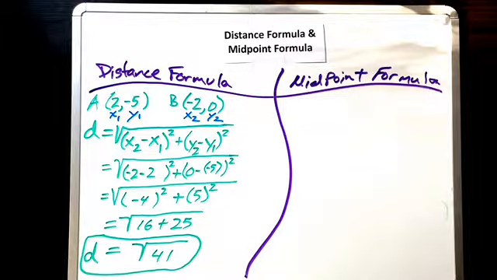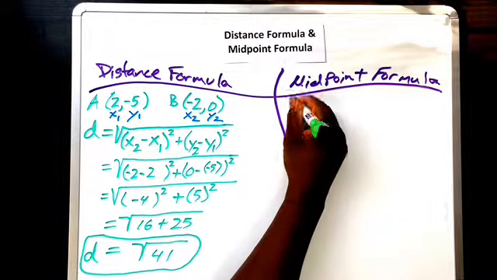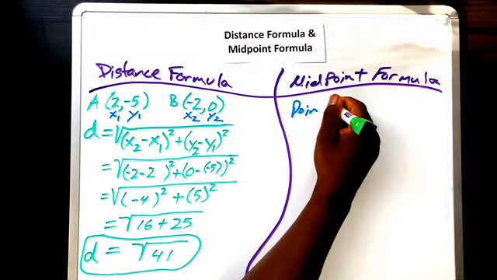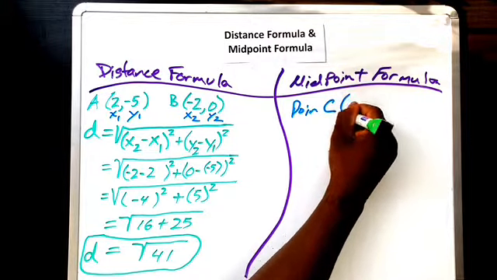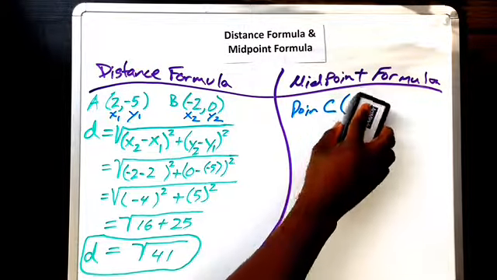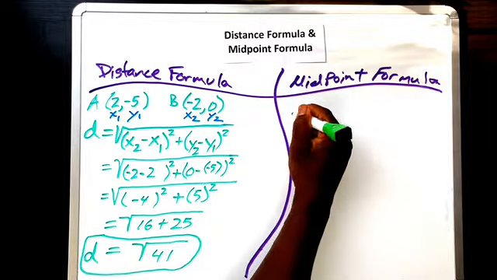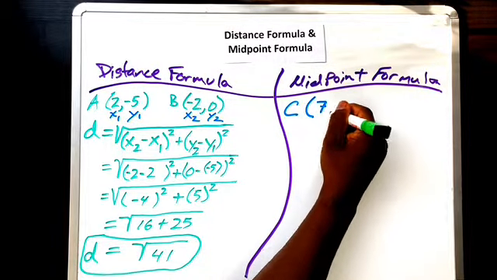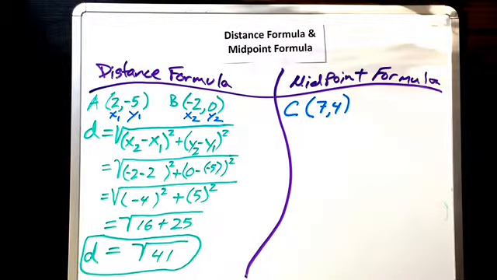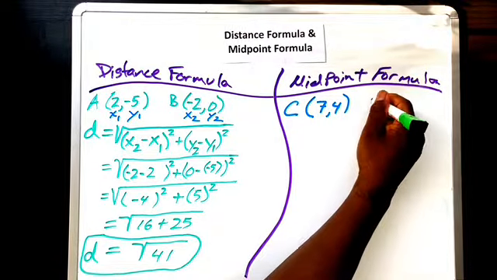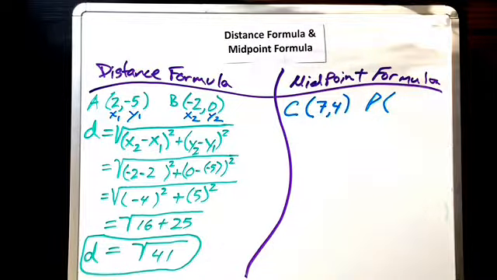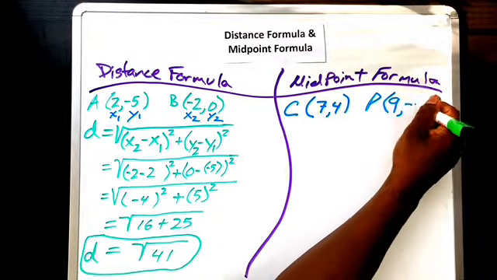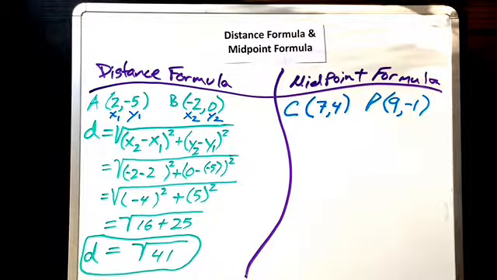Now, let's work on the midpoint formula. So if I wanted to find the midpoint between 2 points, I'm going to say point C, and we'll write the coordinates 7, comma 4, and point, I don't know, P. How about that? 9, comma negative 1.